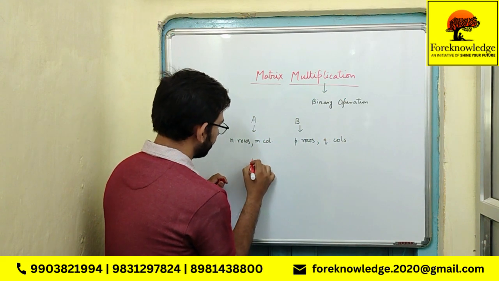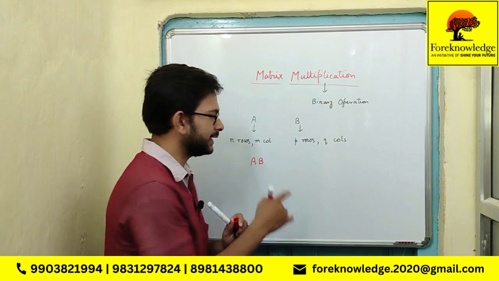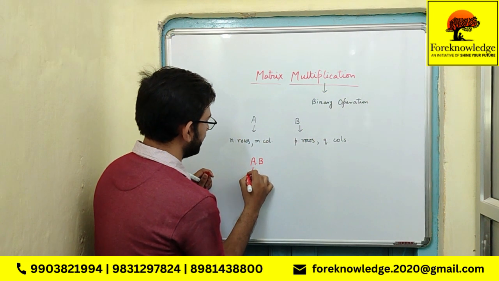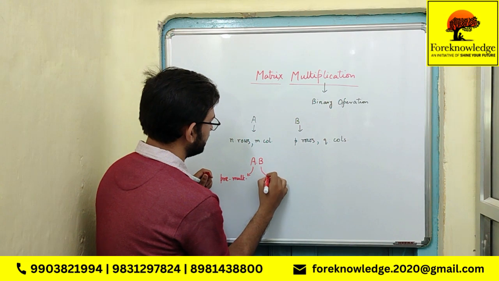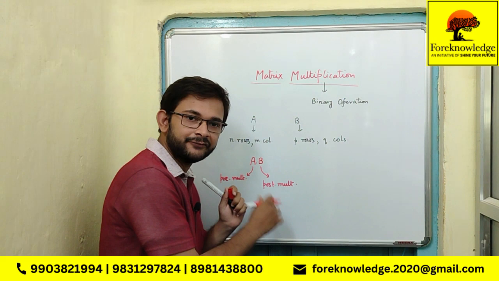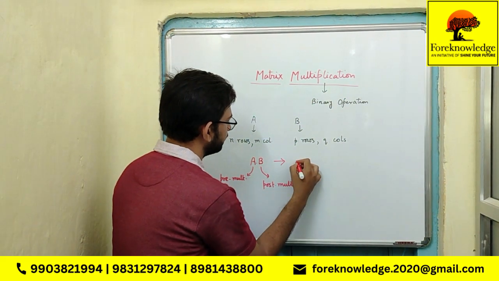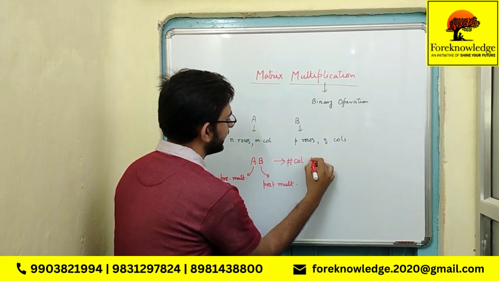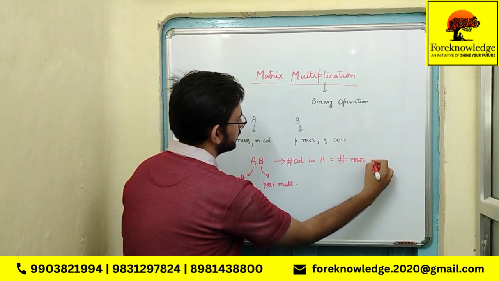If we are about to find AB, that means A into B, where A is the pre-multiplier and B is the post-multiplier, then for A into B to be defined, the number of columns in A should be equal to the number of rows in B.